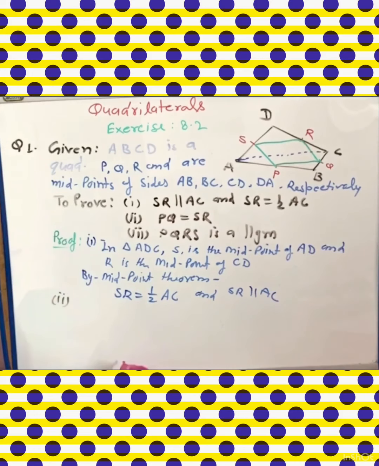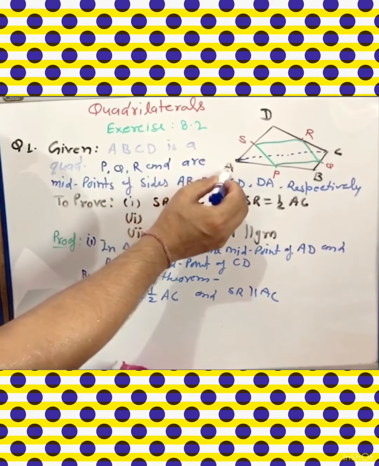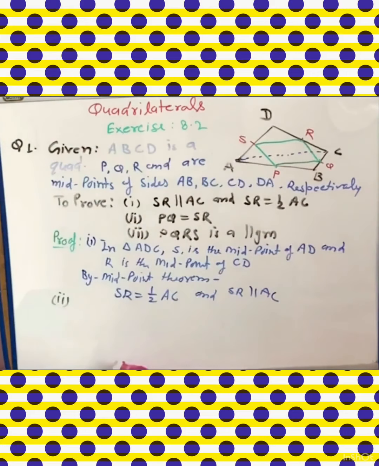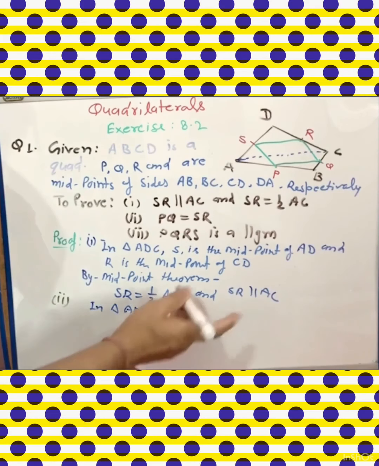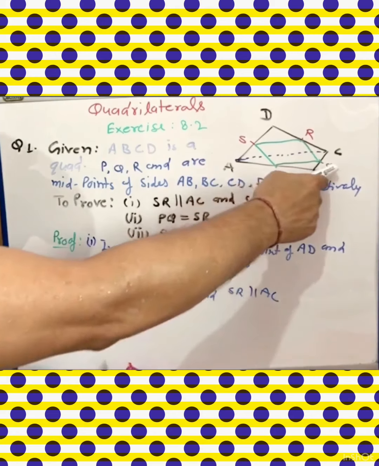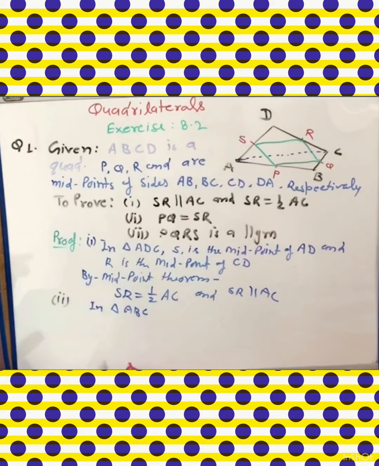in the second triangle, that is triangle ABC. In triangle ABC, you will write once again, in triangle ABC, P and Q are the midpoints of AB and BC.